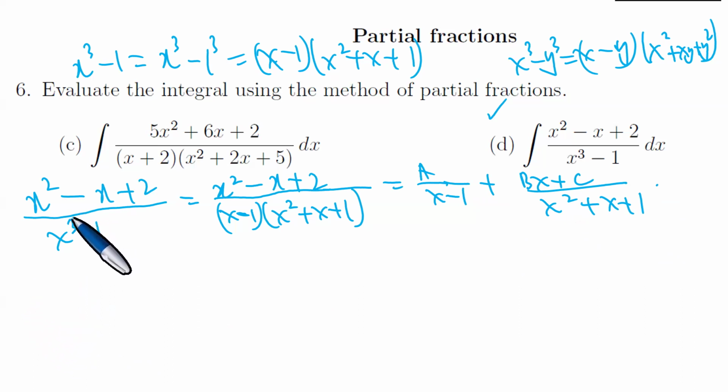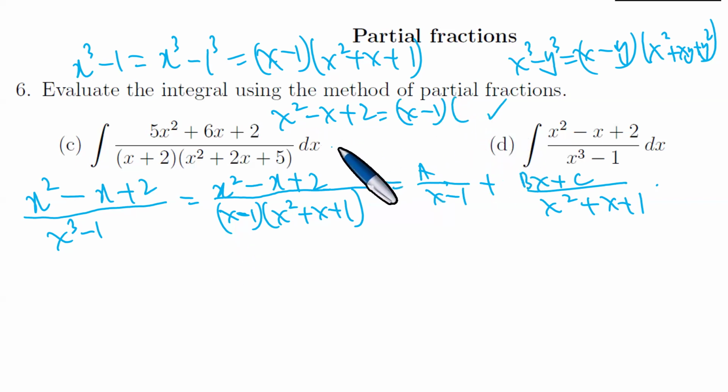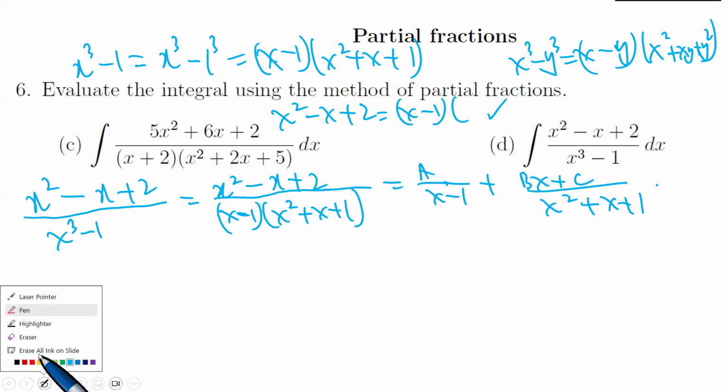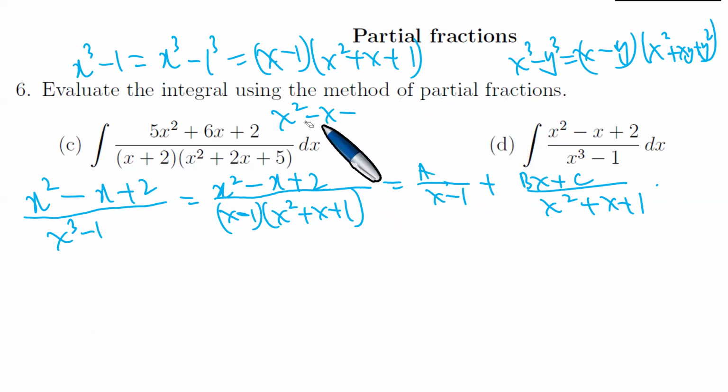You can also ask the question: can the numerator x squared minus x plus 2 be written in terms of x minus 1, which appears in the denominator? Or what are the factors of this? You can see that there are no real factors.